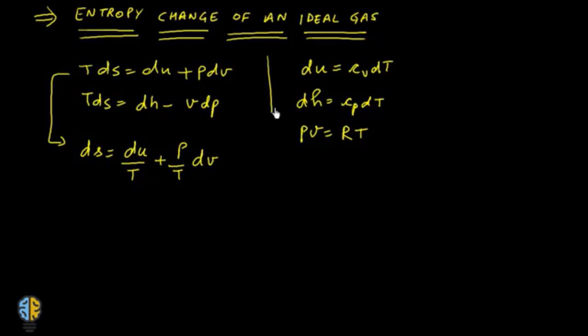Alright, so let's put in the value of dU over here, that is Cv into dT.